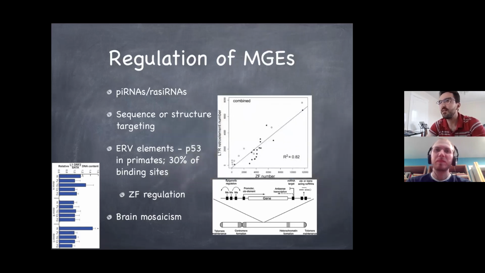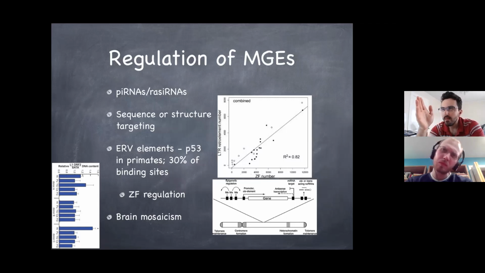Oh, here's a very interesting chart. I do want to go into this because it's a little bit funny. So there is something called zinc finger endonucleases, which are enzymes that chop up DNA. If we look at different mammals, in this last chart, these dots represent different mammalian species.